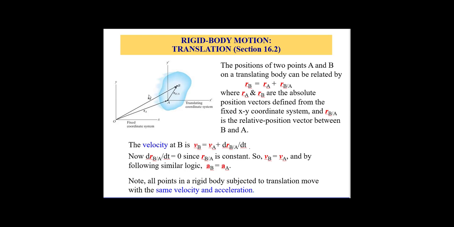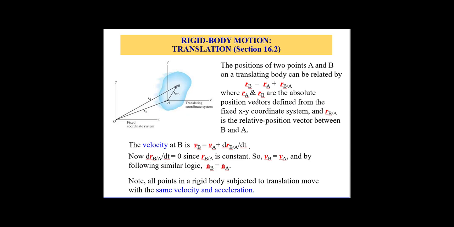This is a triangle, and we can describe the position of B, r_B, as the position of r_A plus the position of B with respect to A, which completes this triangle. So head to tail, head to tail here. Or you can say position r_B equals position r_A plus this, in the vector equation.